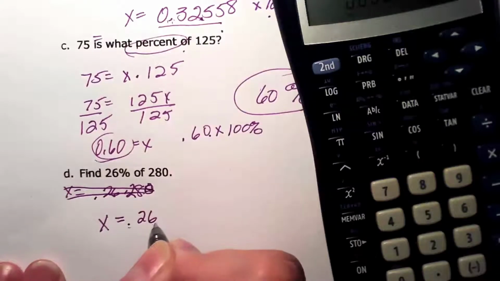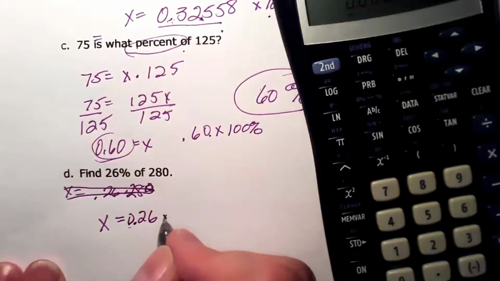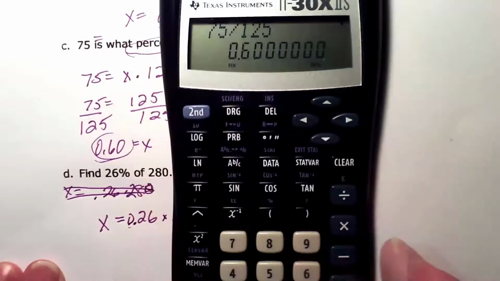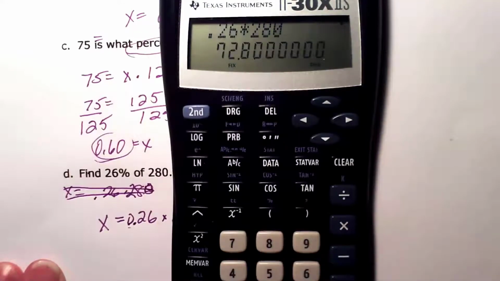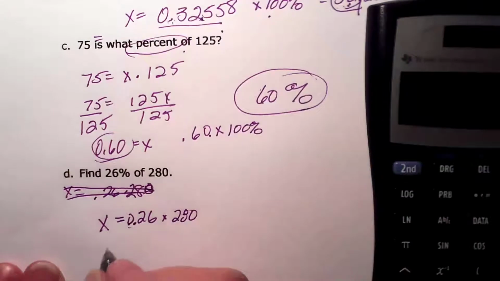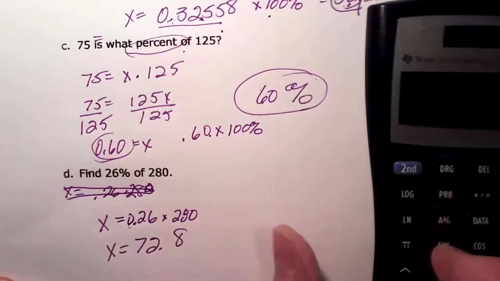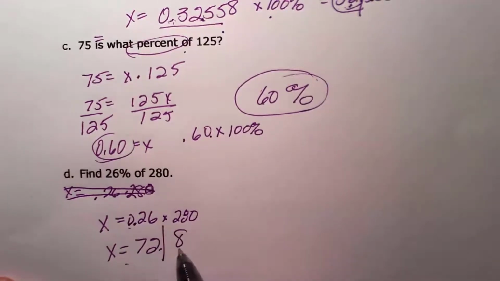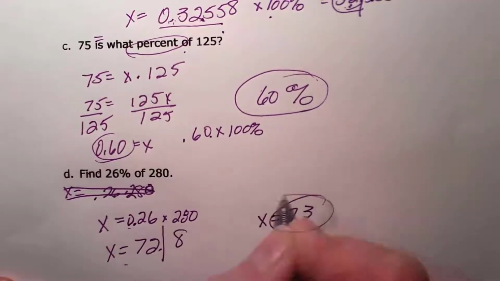I put it in decimal form. You're used to seeing it like this, though, of 280. So 0.26 times 280 is 72.8. But again, we want the whole number. So 8 is above 5, so this is going to round up to x equals 73.